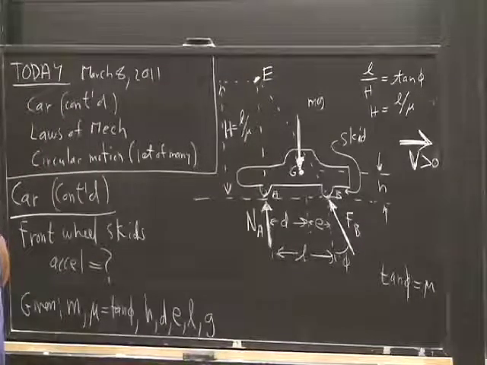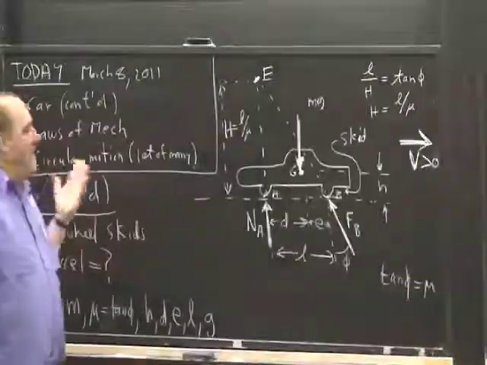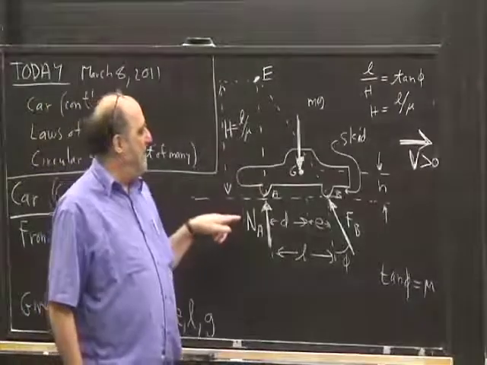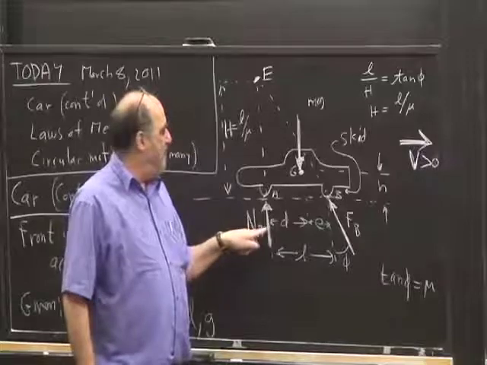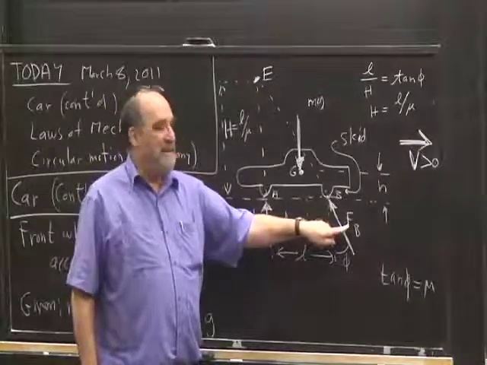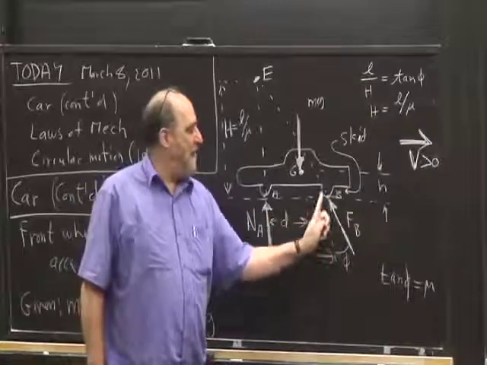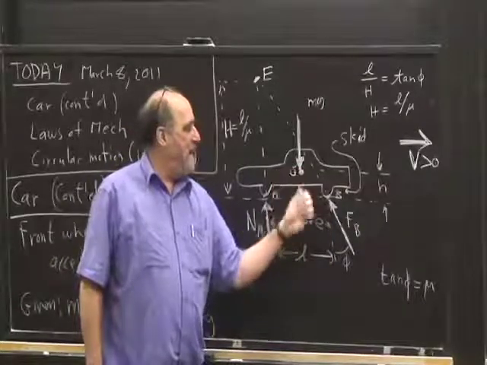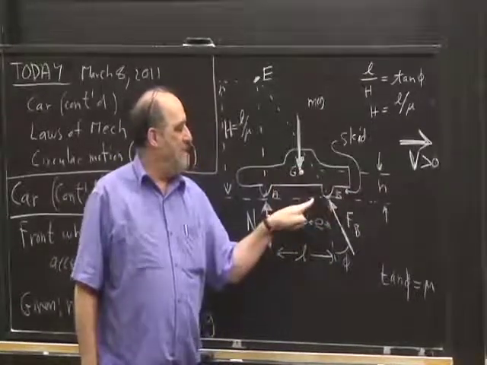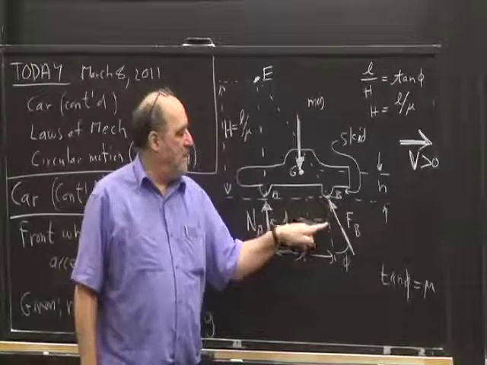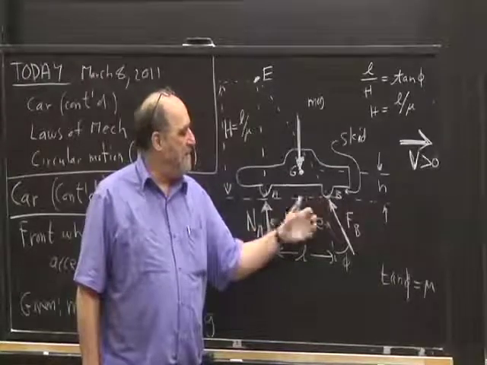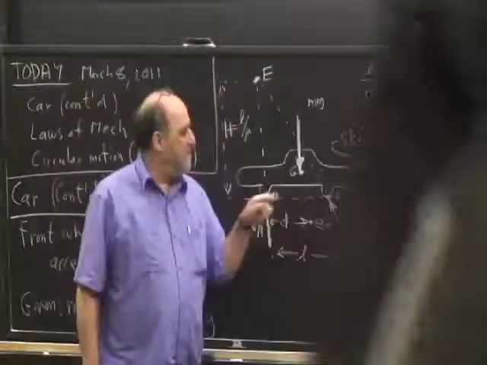So one way to do this problem is you try to find enough equations and enough unknowns. In this setup, the magnitude of this force is unknown, but not its direction. Had we drawn the free body diagram with an N and an F and a sideways force here, this force would have been unknown. Or if we took this as mu times N, the N would have been unknown and this would have been implicit.